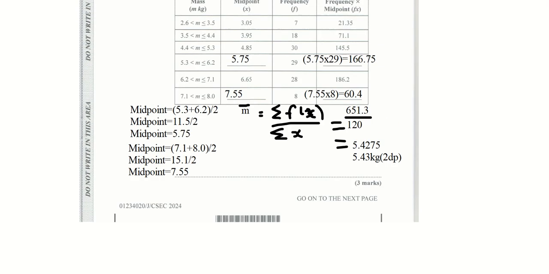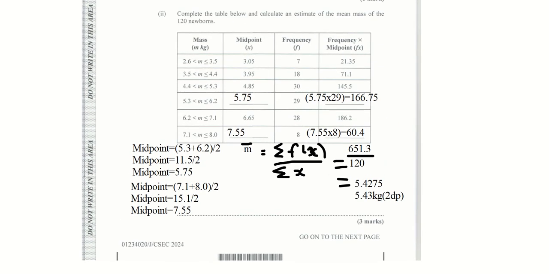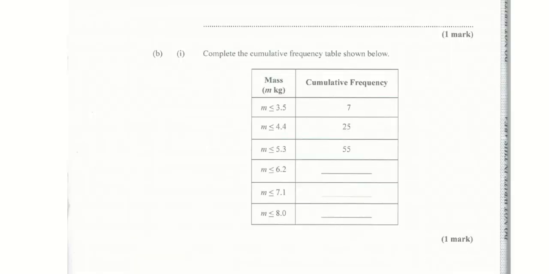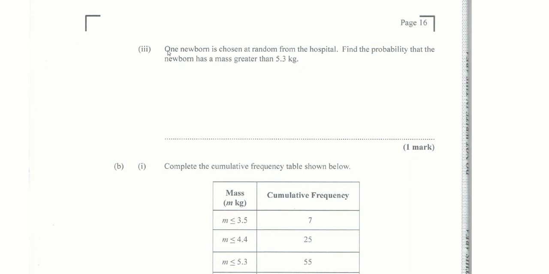Right, let's go to our next question. One newborn is chosen at random from the hospital. Find the probability that the newborn has a mass greater than 5.3.